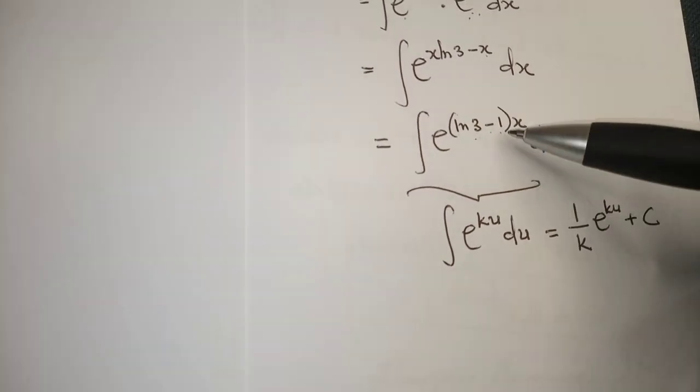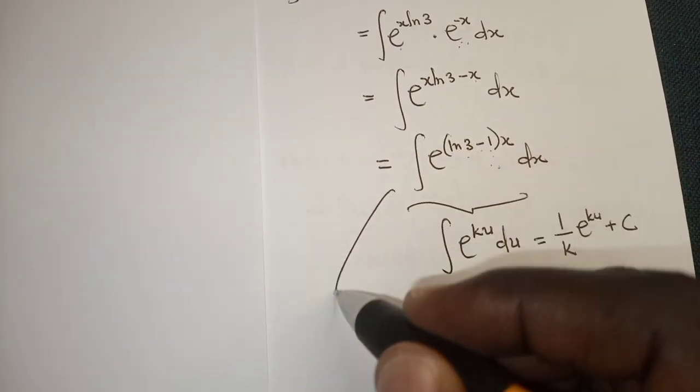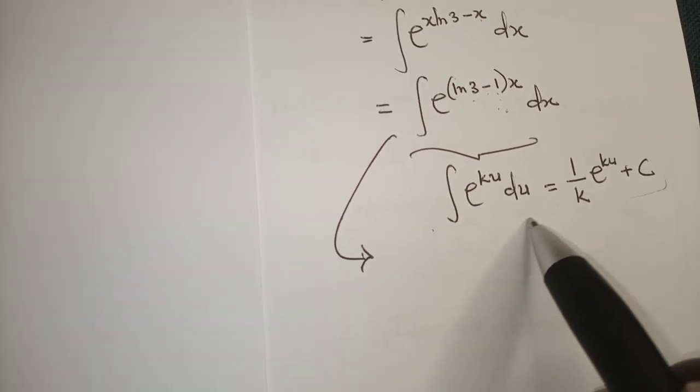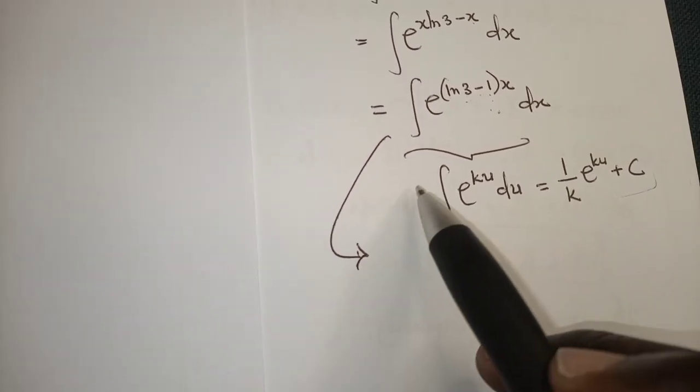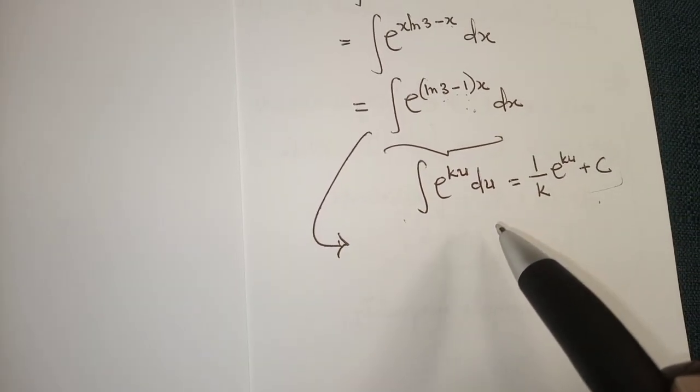The same also applies to this one. I have already done a tutorial on this. I have a video on this one as well, so we may check that out.